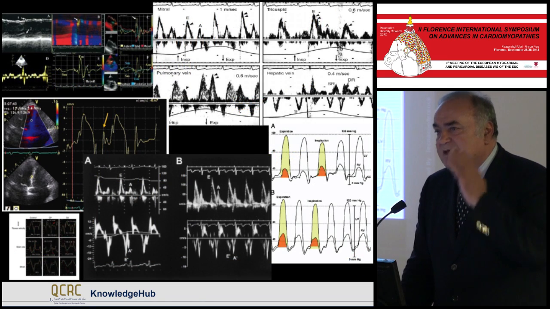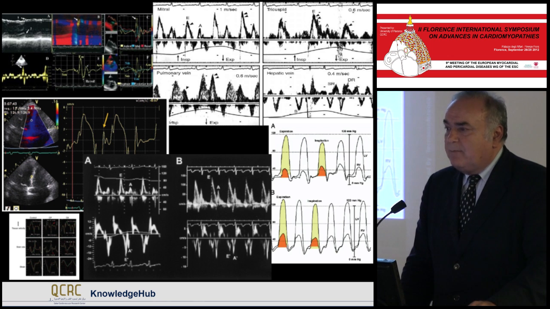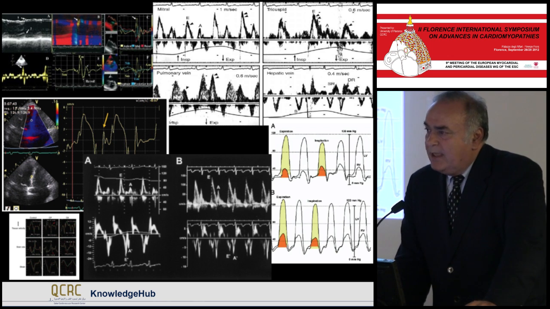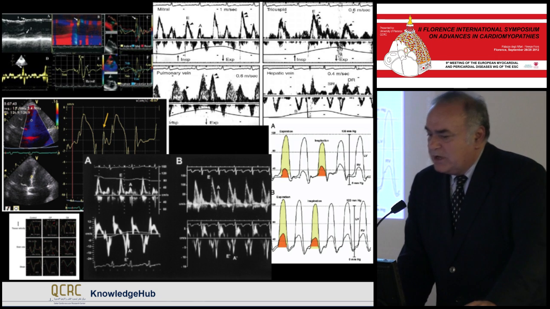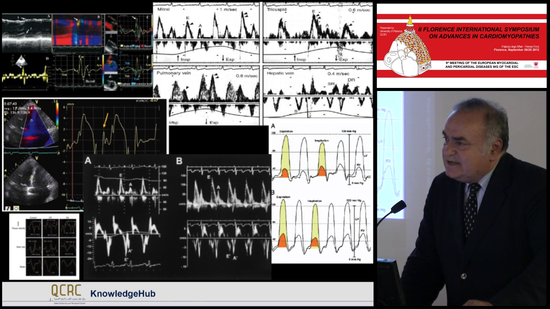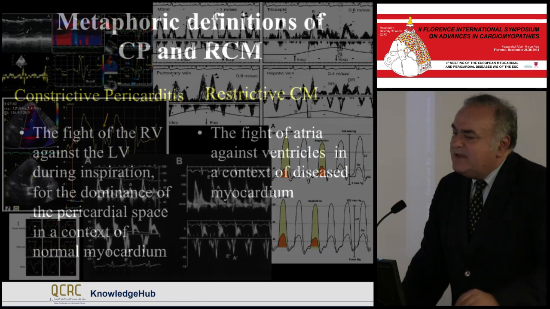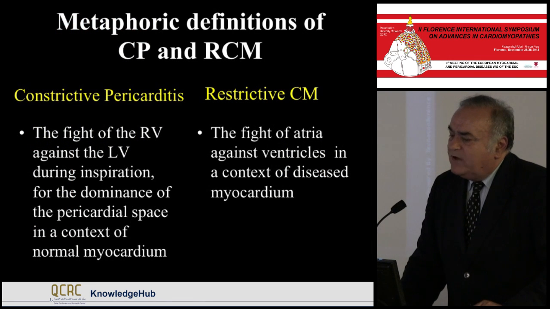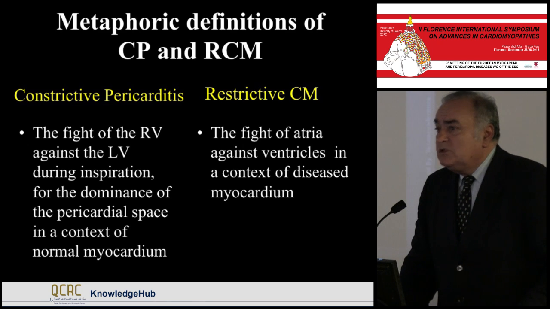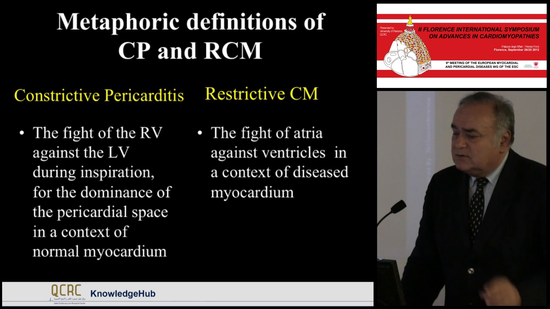Of course, you can diagnose the presence of a restrictive cardiomyopathy. You have at least 34 Doppler and echo signs, which I'm not going to discuss. Just a general concept: it's easier to understand these difficult signs if you use a metaphoric definition of restrictive cardiomyopathy and also of constrictive pericarditis, which is the classic differential diagnosis.